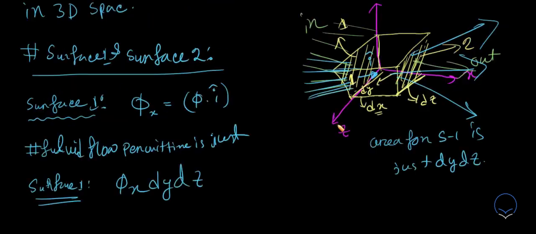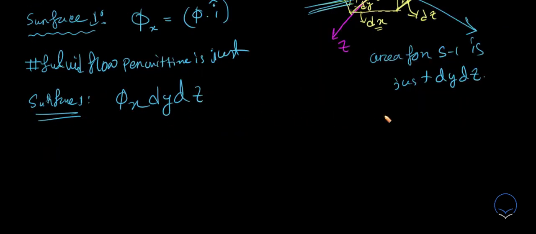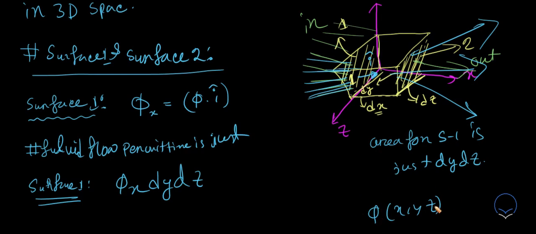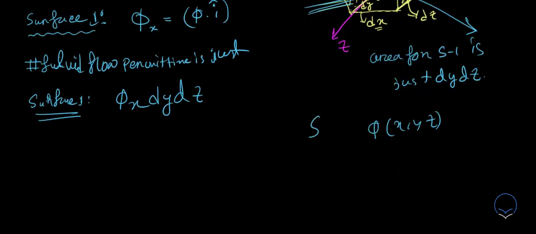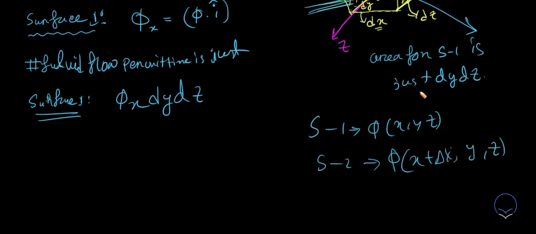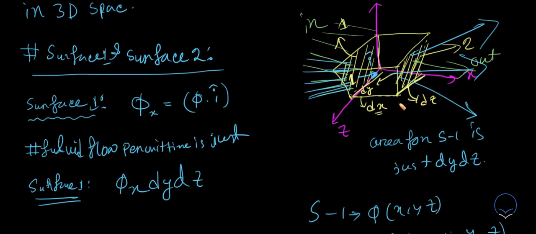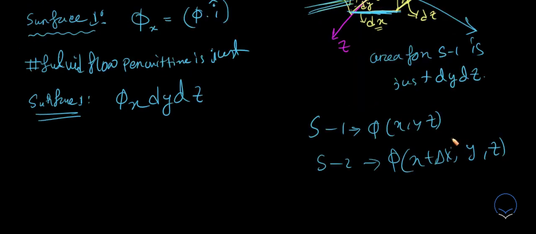However, since phi is a function of x, y and z, for surface 1 we denote it by phi of x, y and z, and for S2 we need to consider phi of x plus dx, y and z, because the difference between surface 1 and surface 2 is just dx.